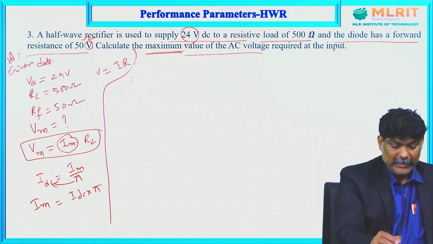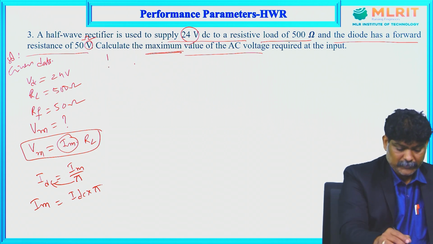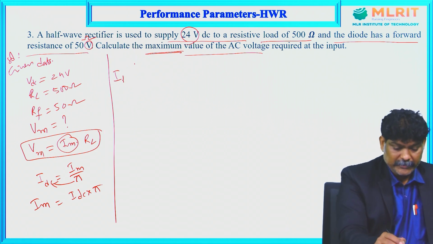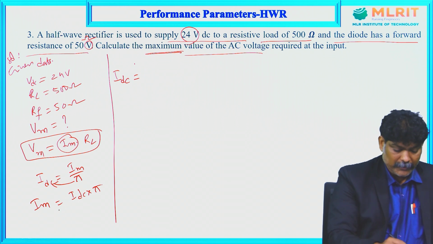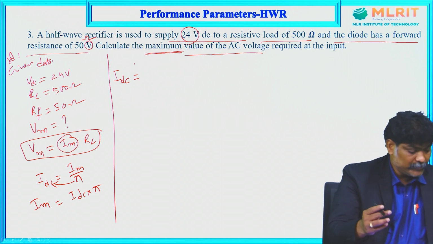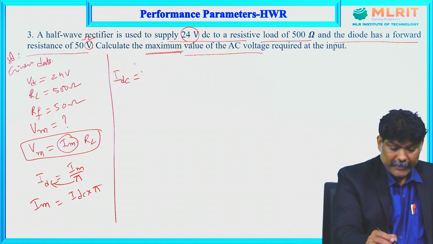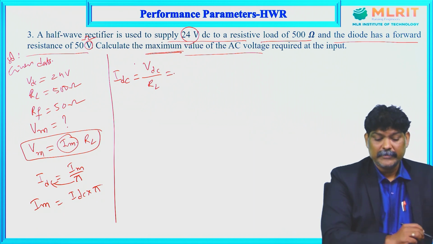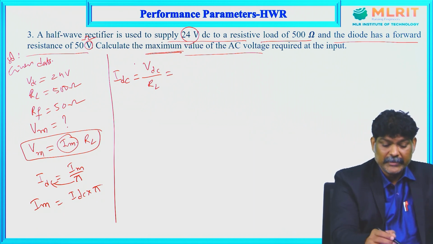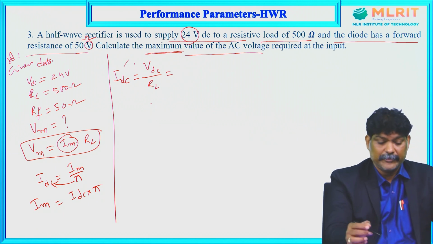So how to calculate IDC here? What is IDC? So here Im by pi. Okay. Therefore IDC can be calculated using this formula, VDC by RL. Because VDC is equal to IDC into RL, so IDC is equal to VDC by RL.